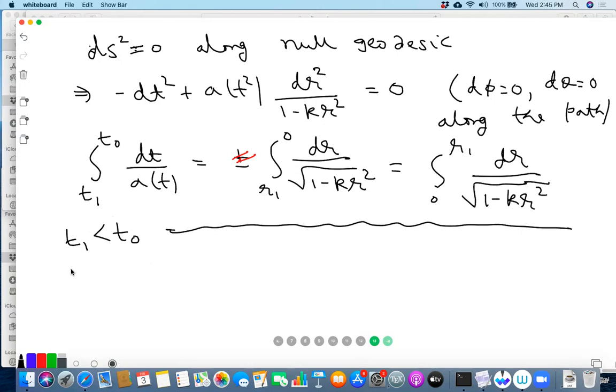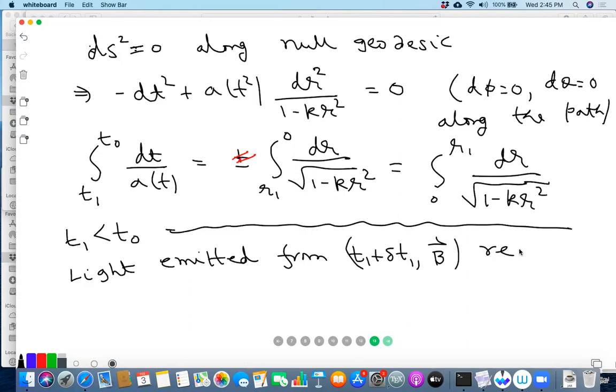Suppose light emitted from B at t1 plus delta t1 reaches A at t0 plus delta t0. That is, it starts at t1 plus delta t1 and reaches A at t0 plus delta t0.